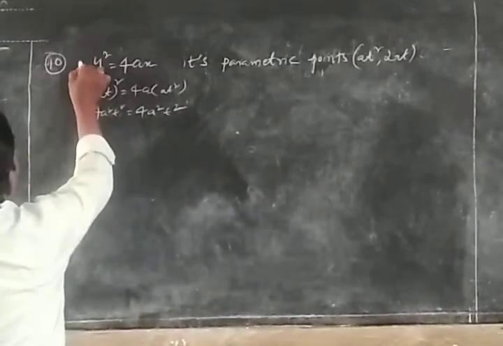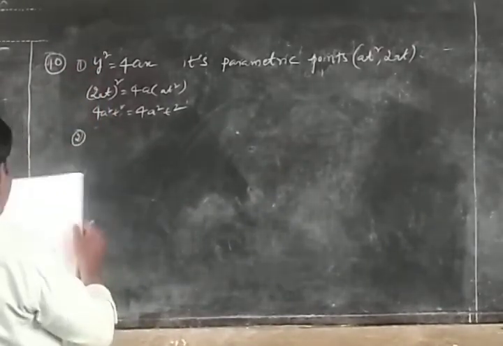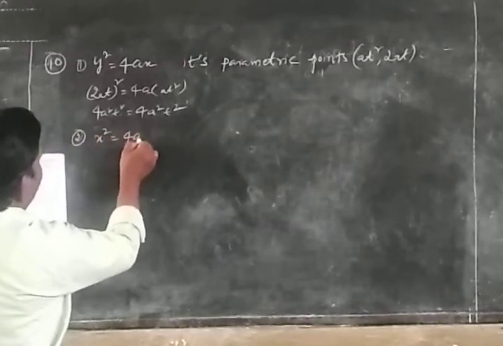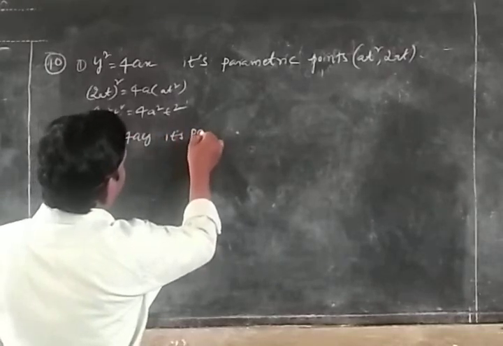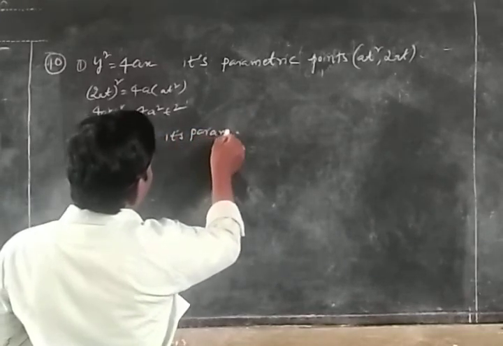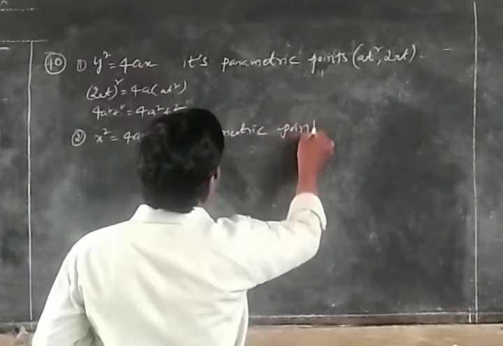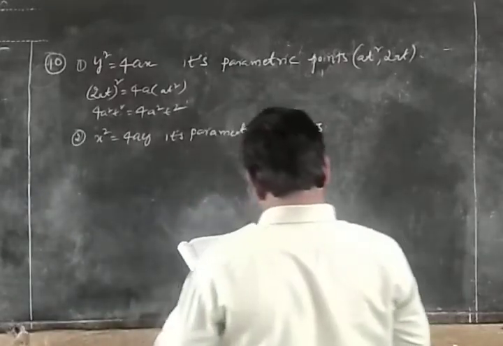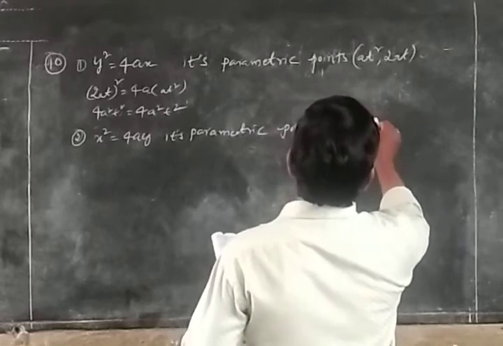This is one. And second one, x square equal to 4ay. Its parametric points are (2at, at square).